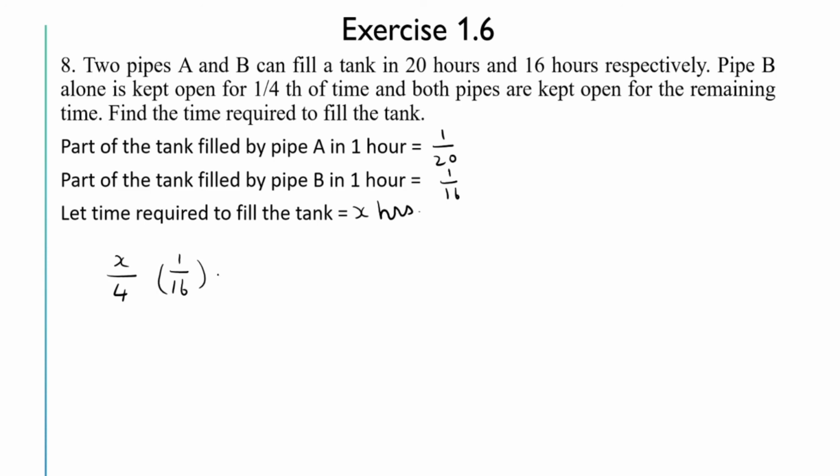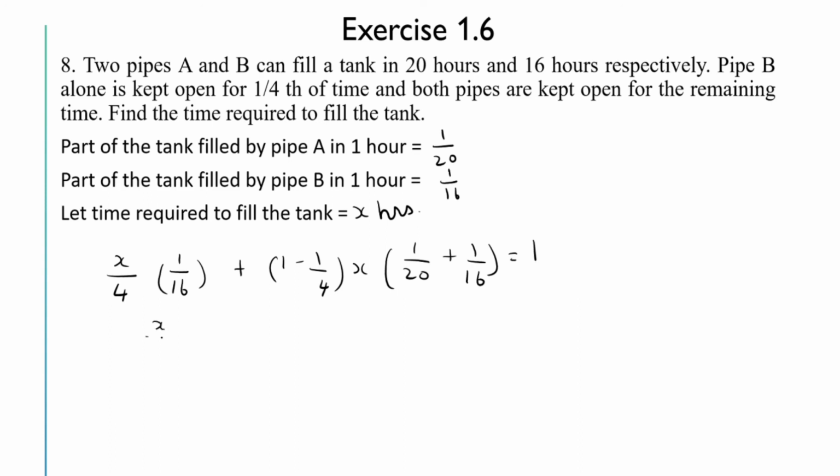So x by 4 into 1 by 16 plus (1 minus 1 by 4) into x, that is 3 by 4 x, here both the pipes were kept open, (1 by 20 plus 1 by 16) is equal to 1. So the entire tank was filled in this way.